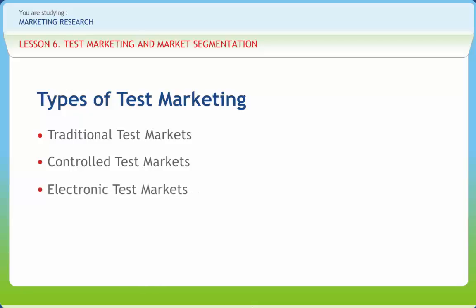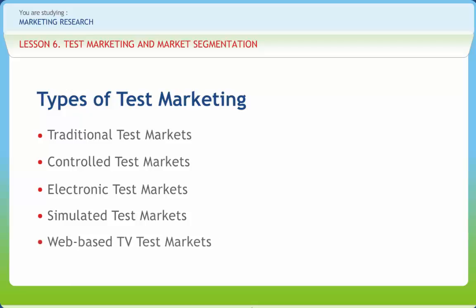Electronic test markets are those in which a panel of consumers have agreed to carry identification cards that each consumer presents when buying goods and services. Simulated test markets are those in which a limited amount of data on consumer response to a new product is fed into a model containing certain assumptions regarding planned marketing programs, which generates likely sales volumes.